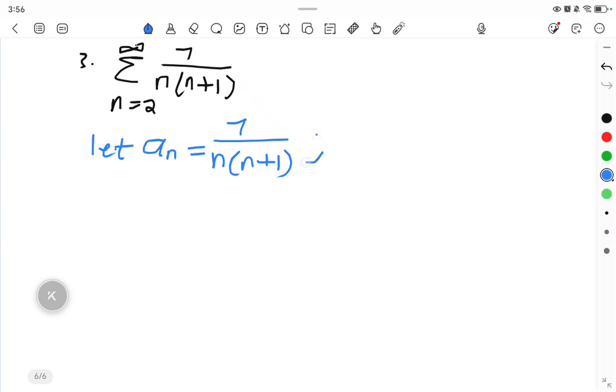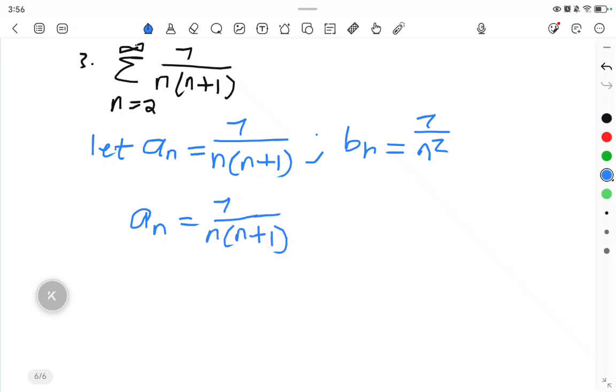And then I check bn. If I multiply out this denominator, I'll have something like 7 over n squared plus n. I can reduce the n, which is the non-dominating term. So I'll be left with bn equal to 7 over n squared. I check an, which is 7 over n plus 1.